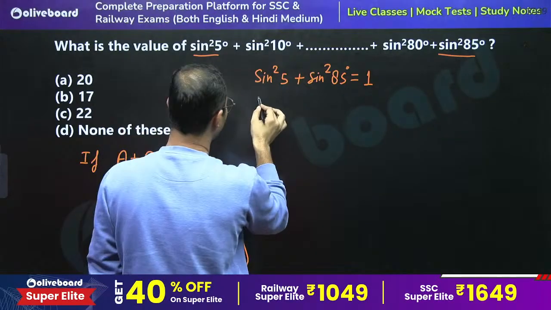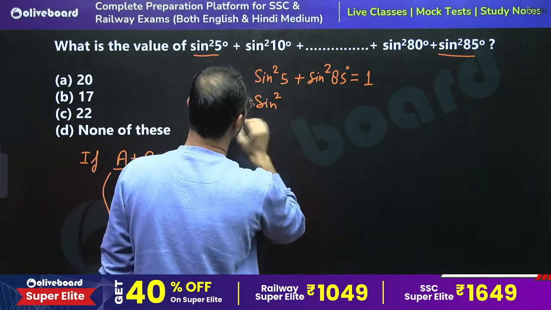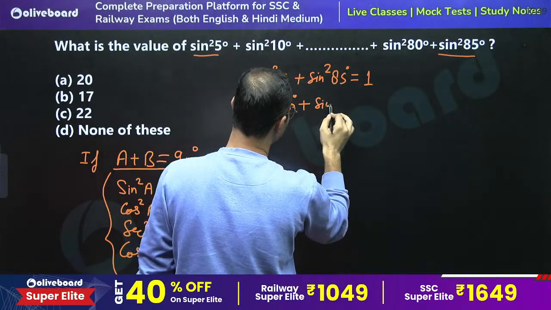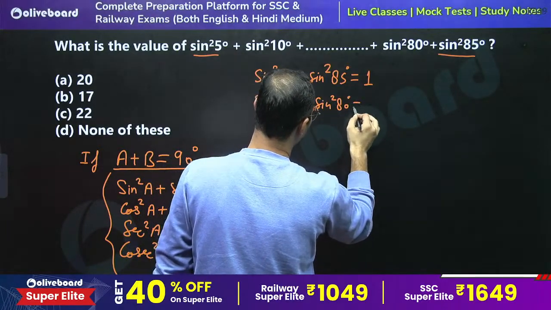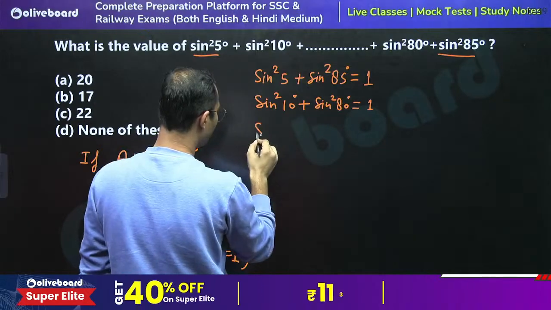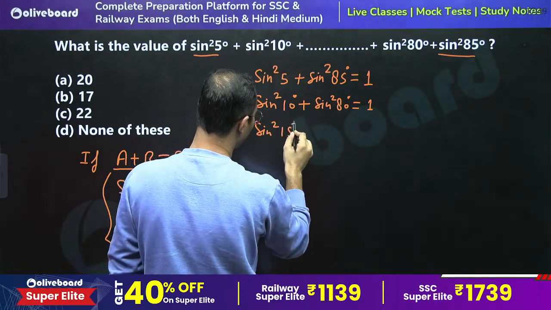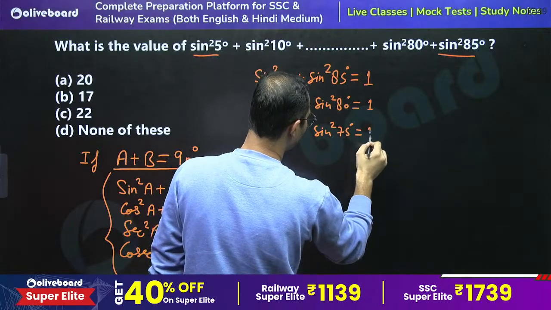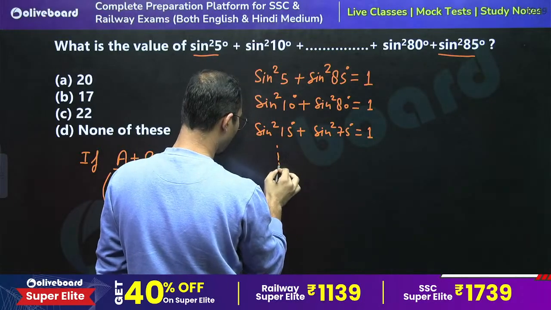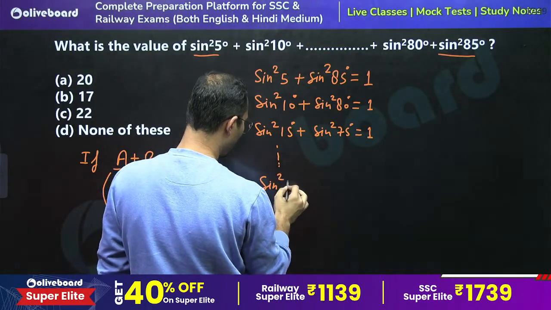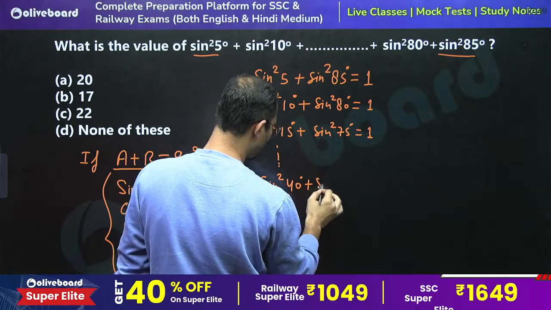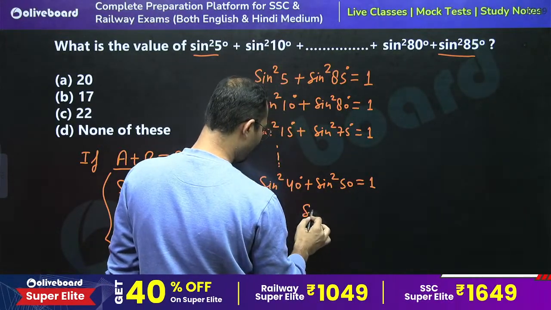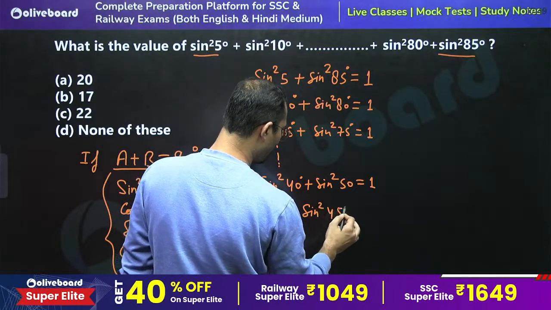Likewise, sine square 10 degree plus sine square 80 degree is going to be 1. Sine square 15 degree plus sine square 75 degree is equal to 1. Sine square 40 degree plus sine square 50 degree is equal to 1. So in the middle, sine square 45 would be left, right?